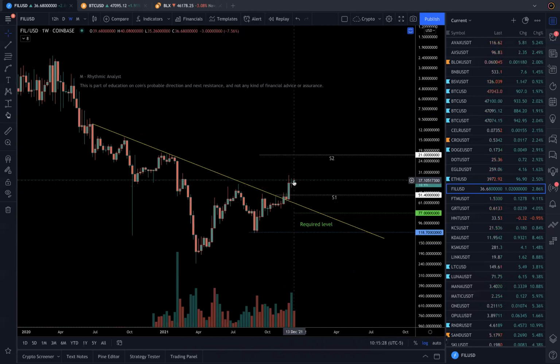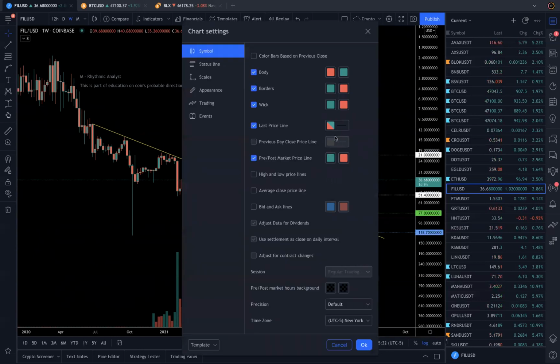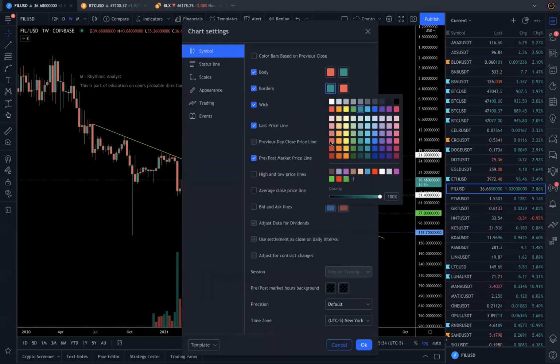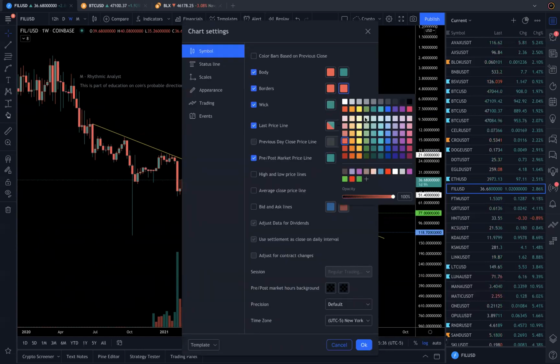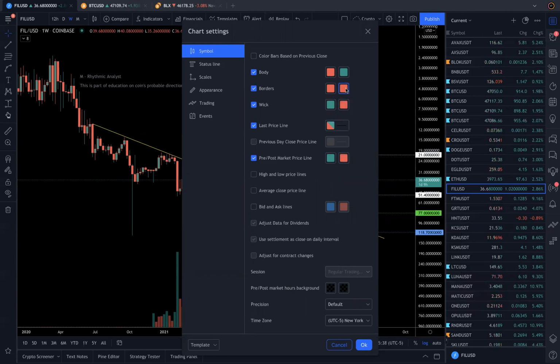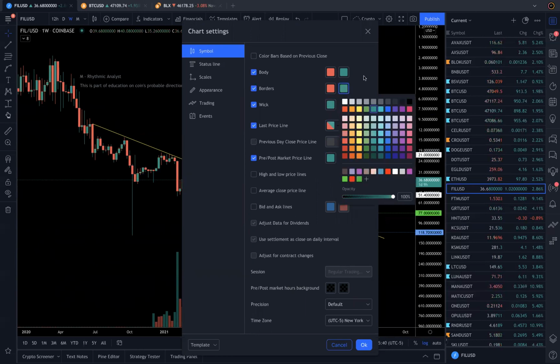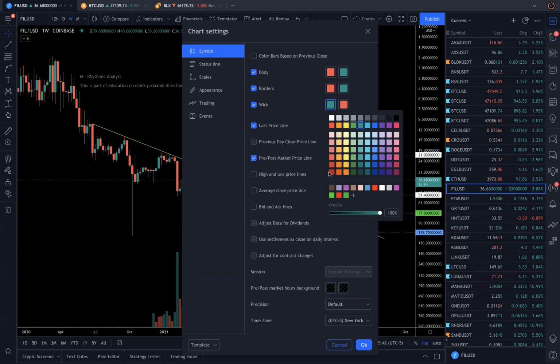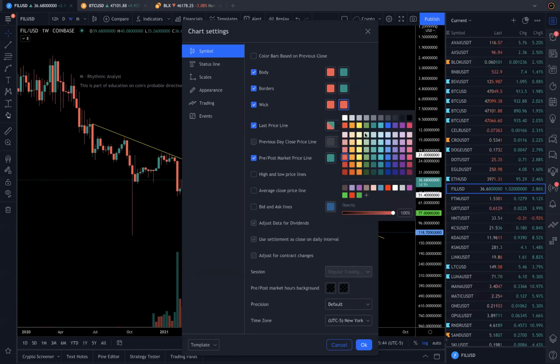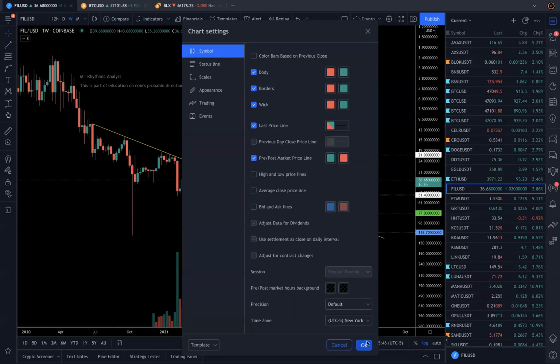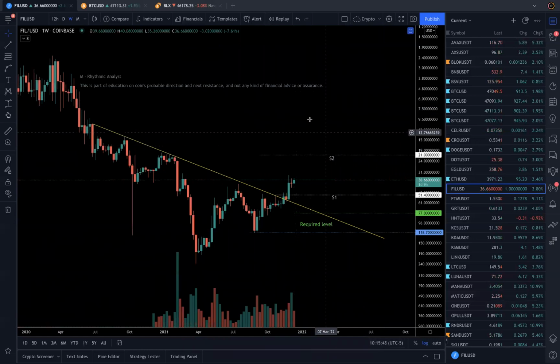Look at this, now this is green, right? So let me change even the borders for you. If psychologically you're not able to digest what is happening, you can do this. See, I'm giving you a trick. Imagine this is some X coin.